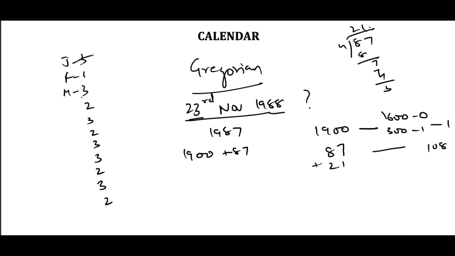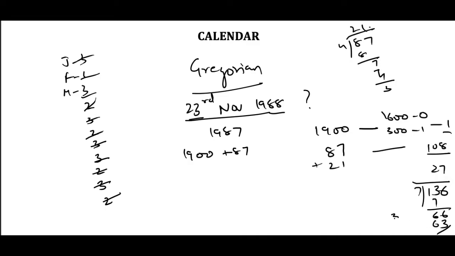So that makes 3, 3 is 6, 3 is 9, 3 is 12, 15, 18, 20, 22, 24, 26, 27. So 27, we have 108, 1 and 27. So that makes 136, and if we divide by 7, we have 7 1s are 7, 7 9s are 63. The remainder is 3. Now 3 is Wednesday. So 23rd November was Wednesday.